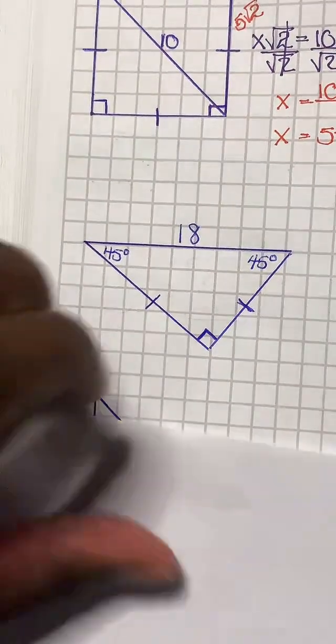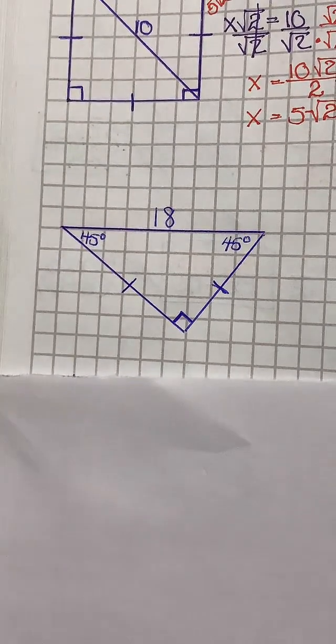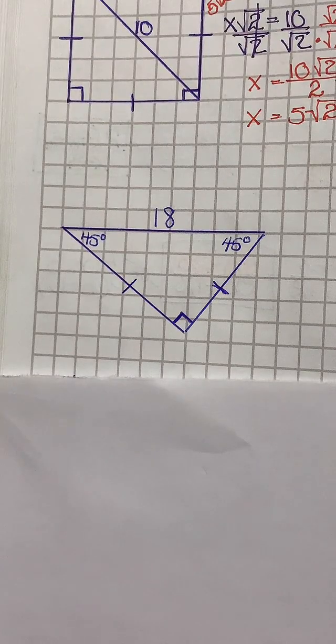Try this one. If they give you first a 90 degree angle, so they give you the little box, and then they give you another angle that says 30, that's when you're going to do the 30, 60, 90 degrees.